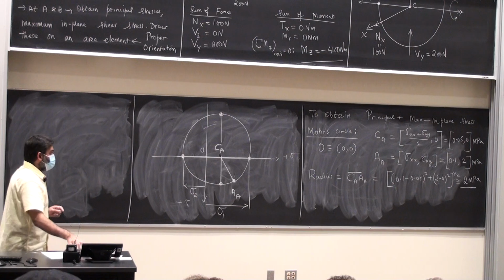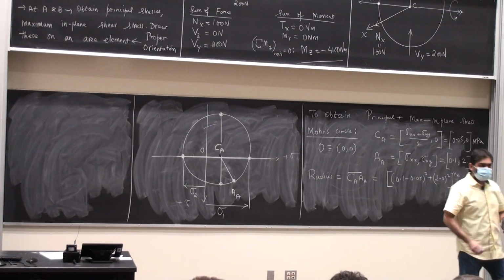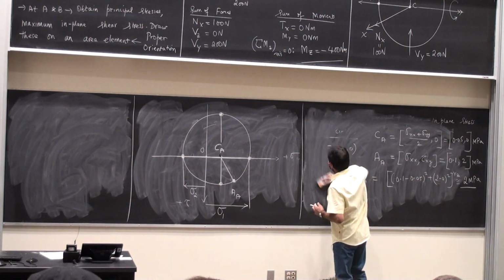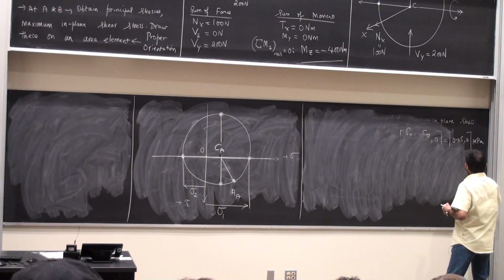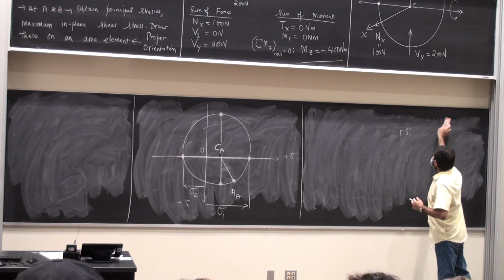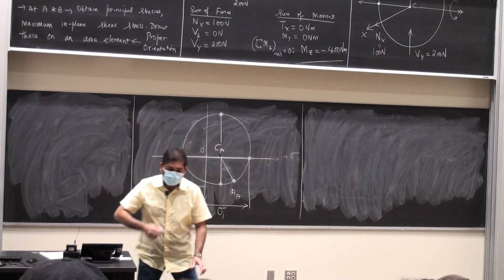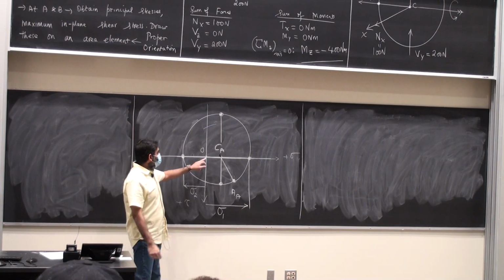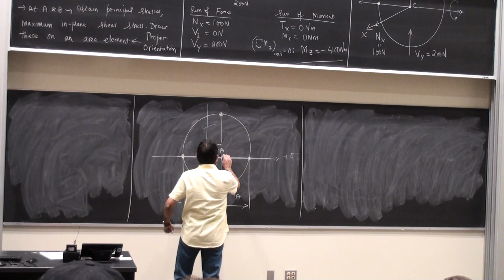Let's calculate sigma 1 and sigma 2. I'm going to get rid of this panel here. To calculate sigma 1, it is essentially going to be the distance all the way from here to there plus the radius, right? So this is the radius.